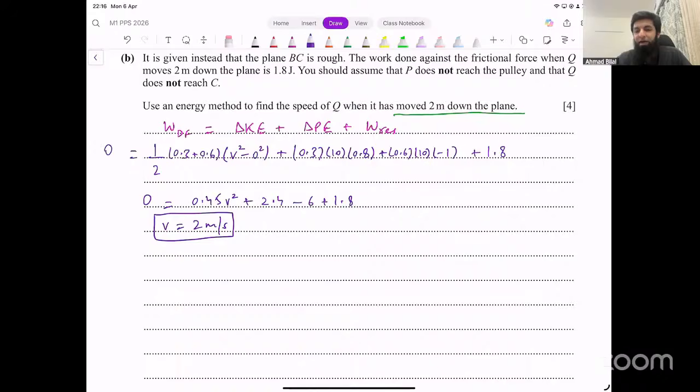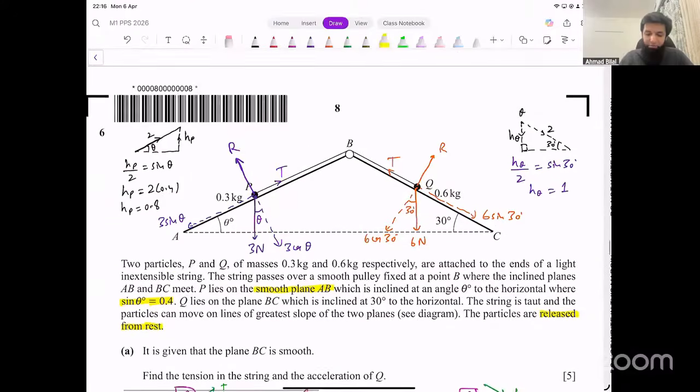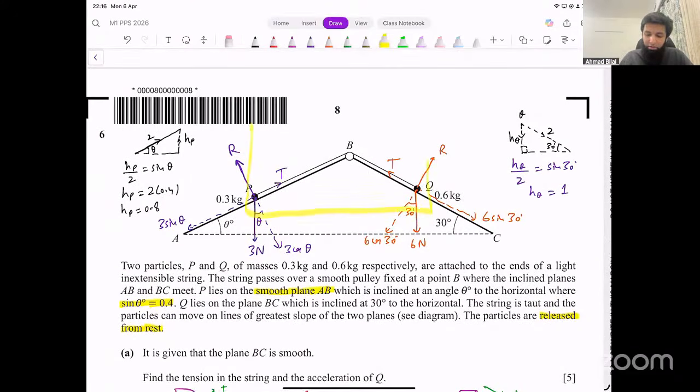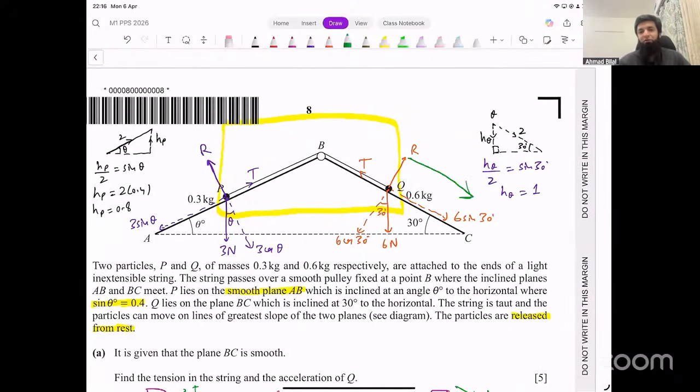Why is the work done by the driving force 0? Because when we talk about this whole system, what is making the system move in this direction? What force is making the system move in this direction? 6 sine 30, it's the weight component.